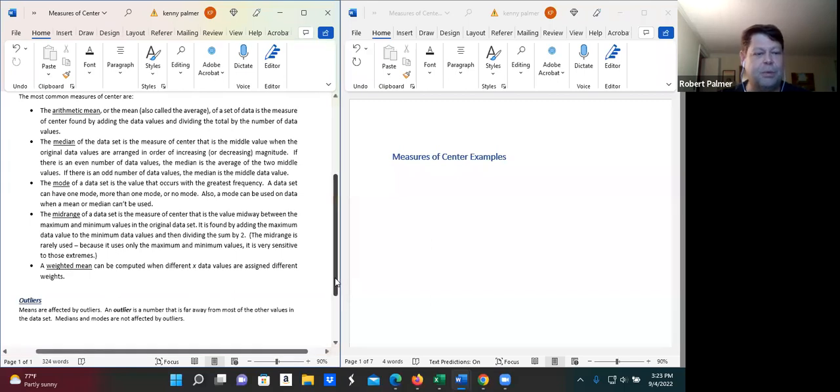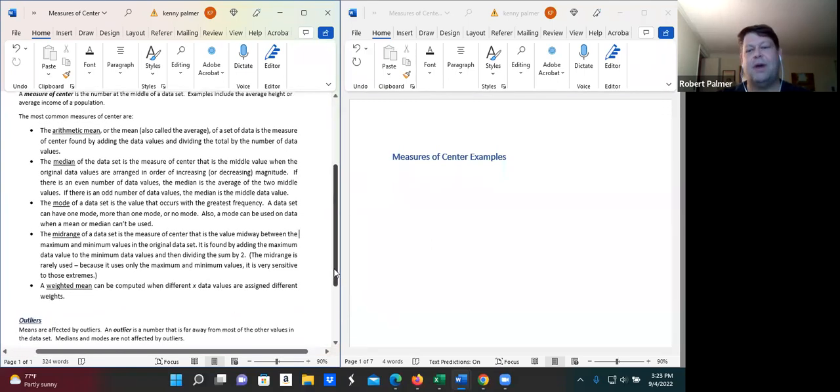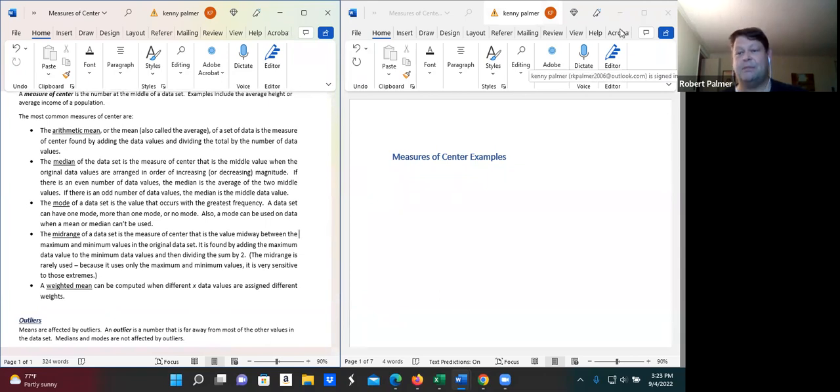So let's come over to the right, and while we look at these values, let's take a look at some examples to explain this a bit further.